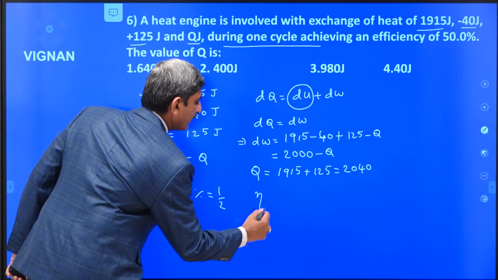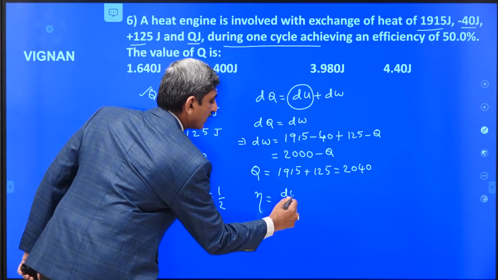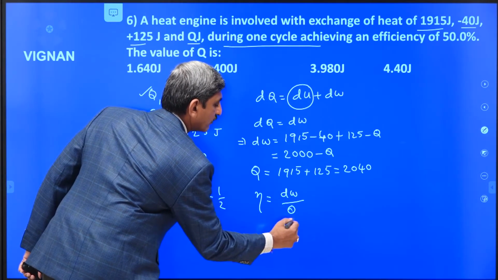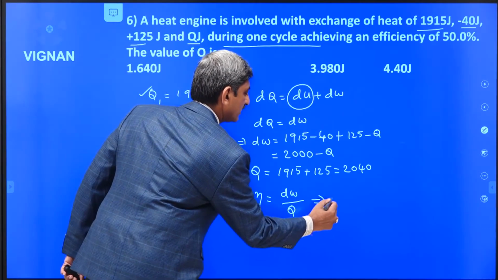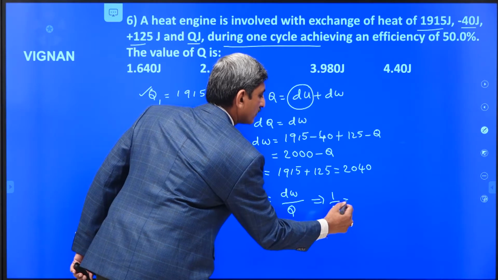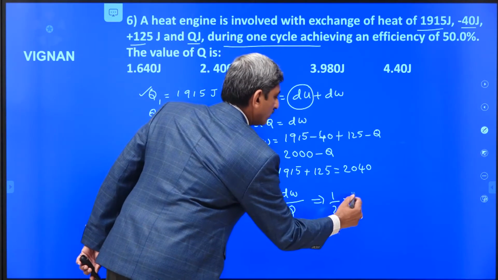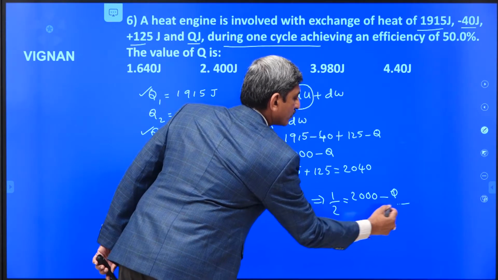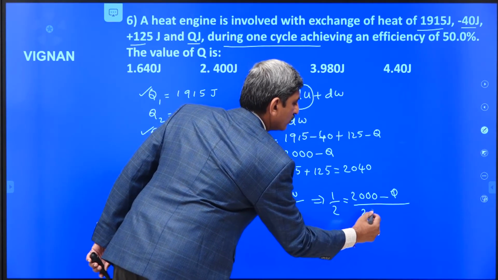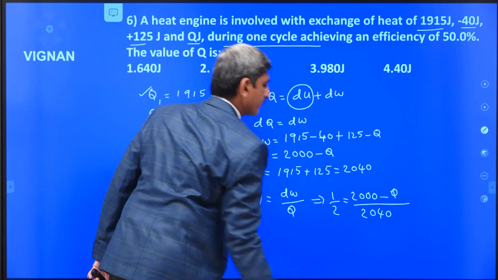Now we know the dW value and also we know the Q value. By the definition, the efficiency eta is equal to the work done divided by the amount of the heat energy taken. From this we can write 1 by 2 is equal to (2000 minus Q) divided by 2040.